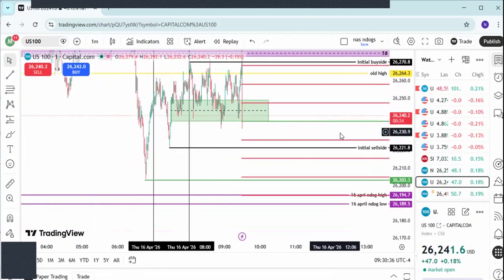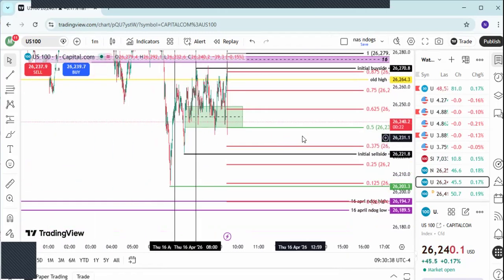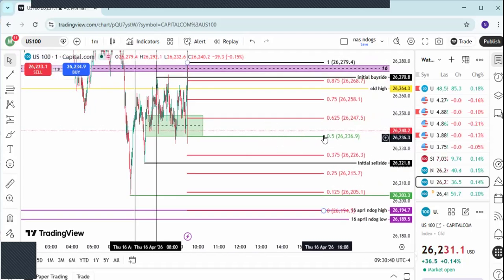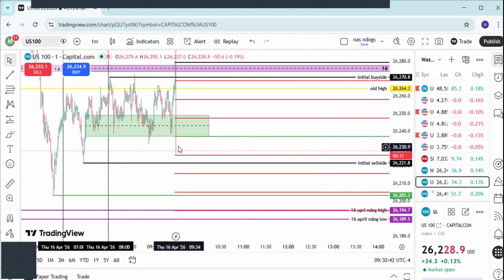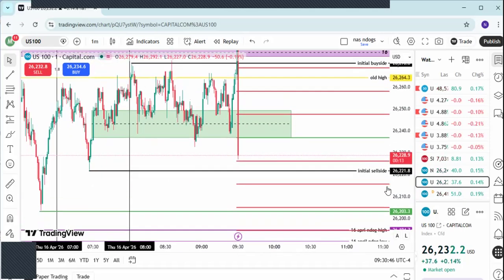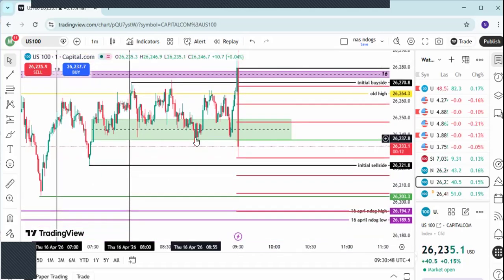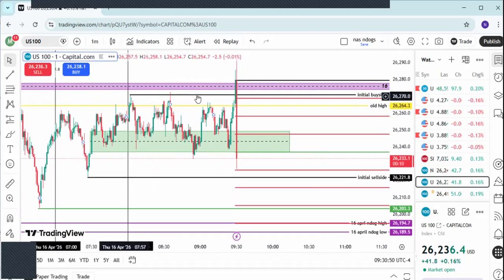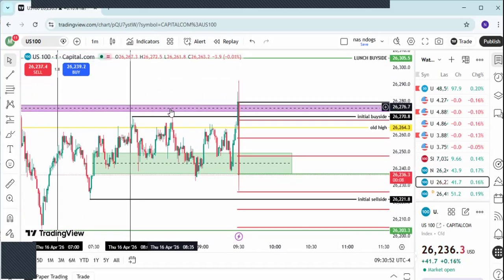It already gave us this 50% of the regular trading hours opening range. That's nice. So now we're just watching. Buy side taken there. Sell side was resting there. It's resting down there too.